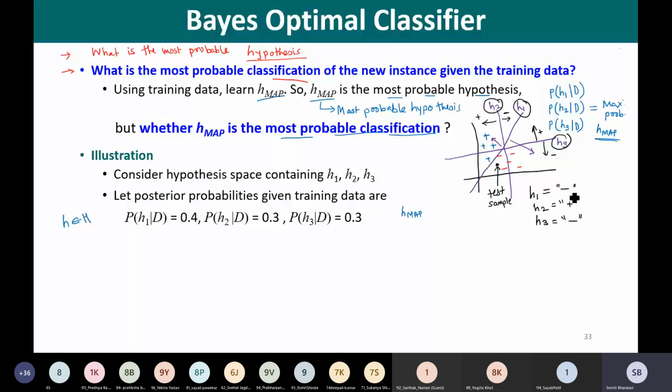Once again I am repeating, instead of relying only on the most probable hypothesis, why not consider the contribution of all the hypotheses while predicting the class of the sample? Right? So that is what we are trying to understand. Is it possible? And if yes, how? Right? So I am having here one example to illustrate this.